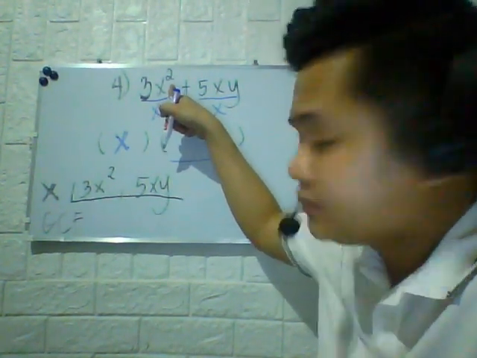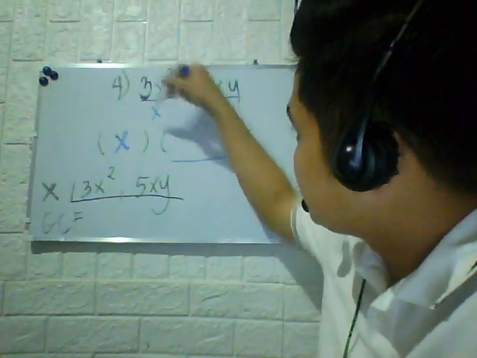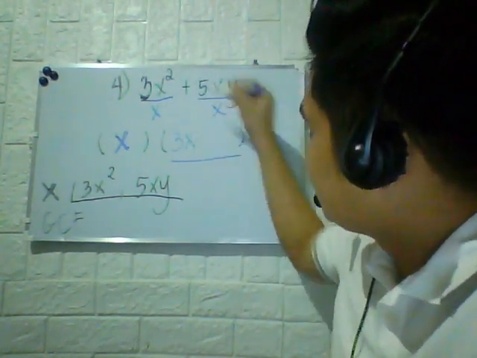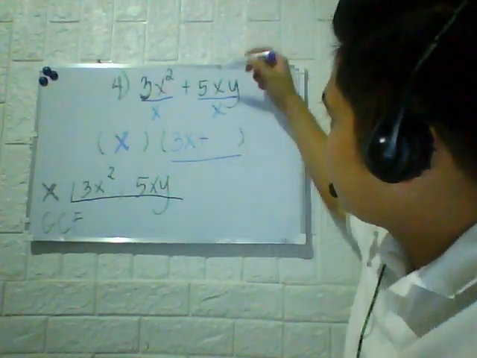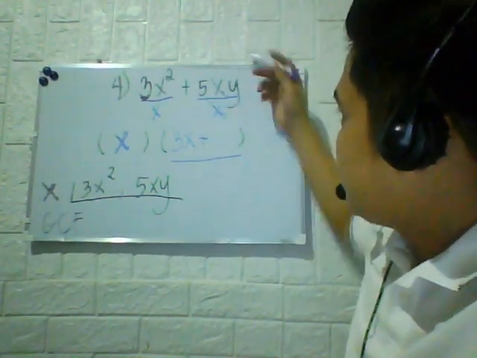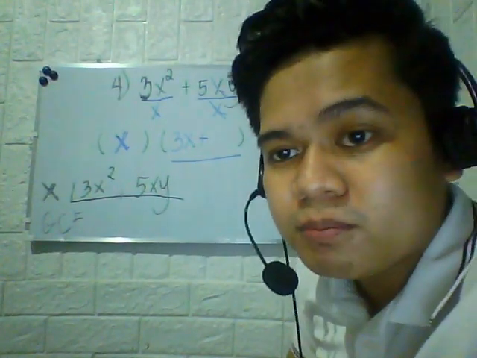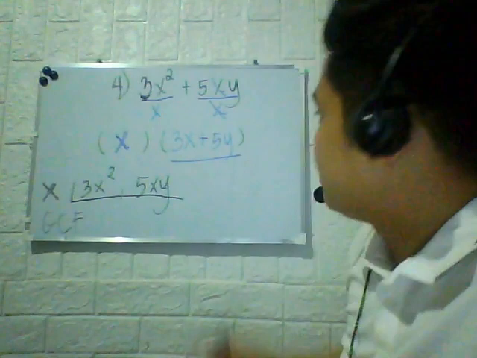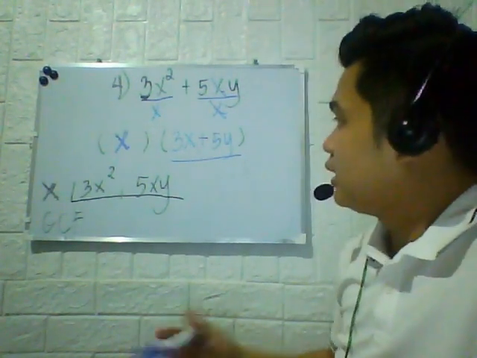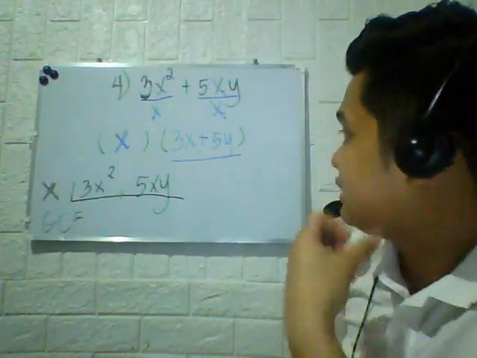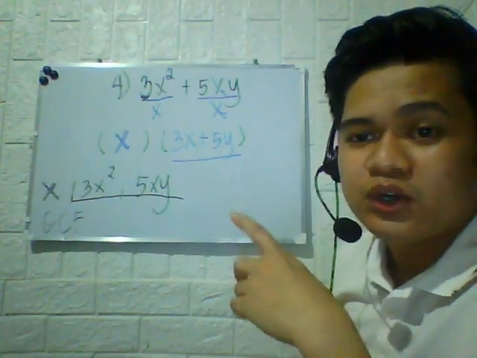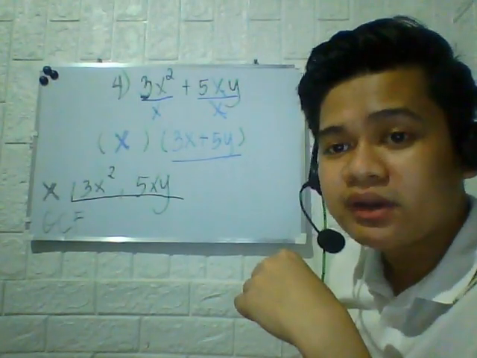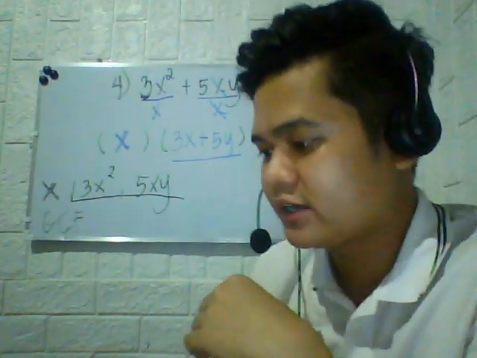X only, right? That means to say for this one, it's gonna be 3x na lang plus what? 1x here, 1x here, remove. Matitira 5y. That's our answer in number 4. X times quantity 3x plus 5y, which is the simplest form of 3x squared plus 5xy.